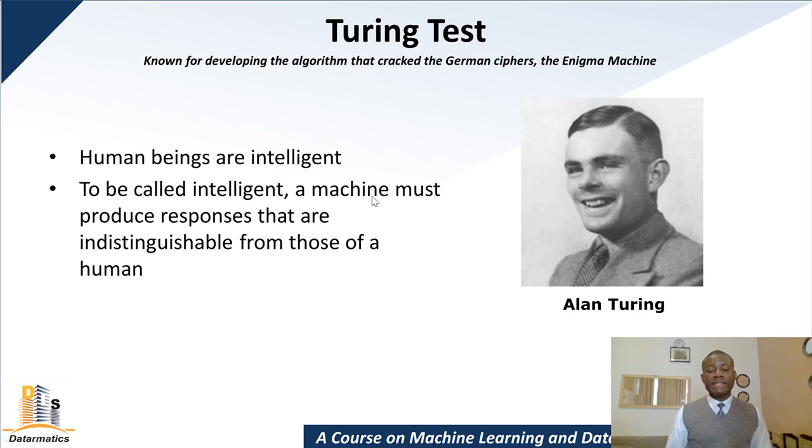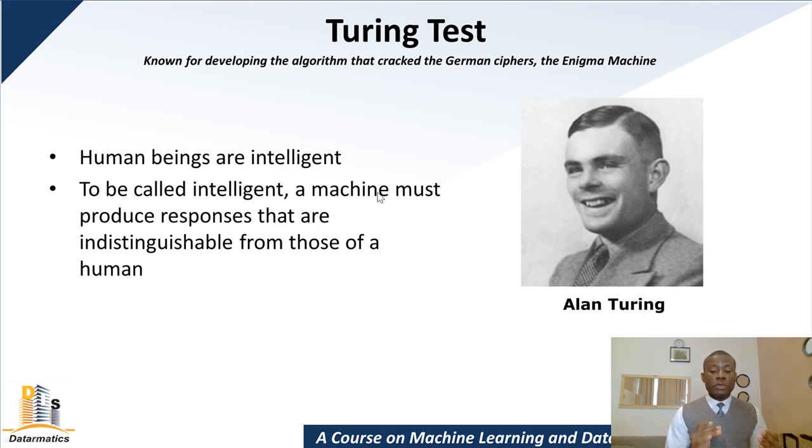So he says that there can be a test to check if a machine is actually intelligent. To be called intelligent, a machine must produce responses that are indistinguishable from those of a human. So let's say you are making a phone call and an answering machine picks up and starts communicating with you.